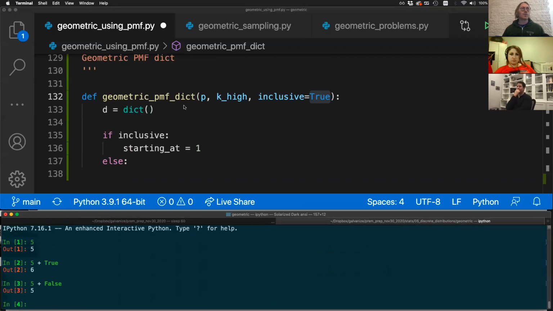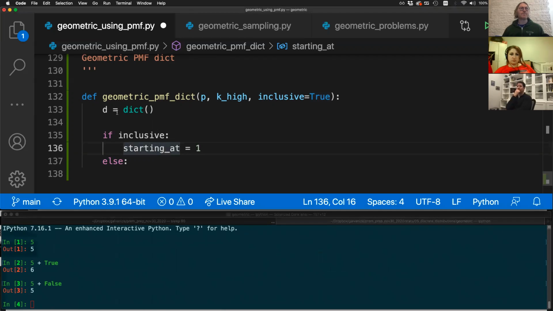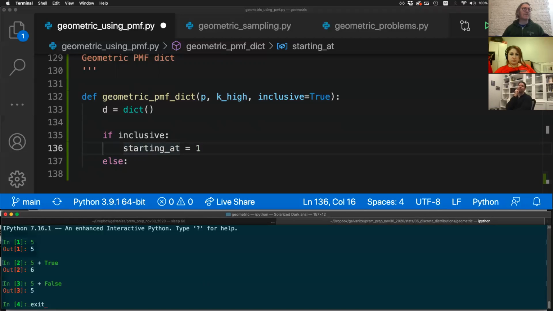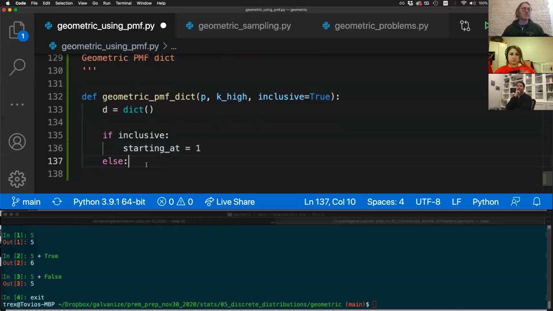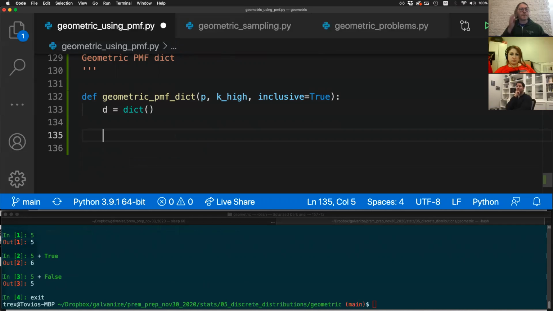So we could rewrite this, and maybe I'll just do that because we have an instance of this logic above, but we could do this just a little bit differently. So we're either going to start at 1 or we're going to start at 0. I could say for k in range, and we're either going to start at true or we're going to start at false.